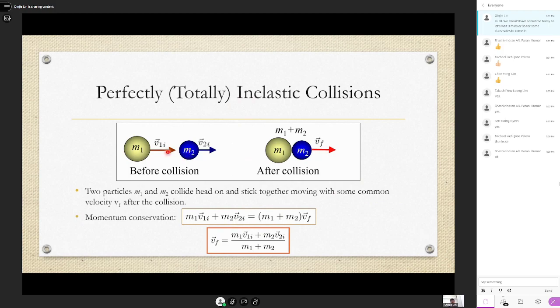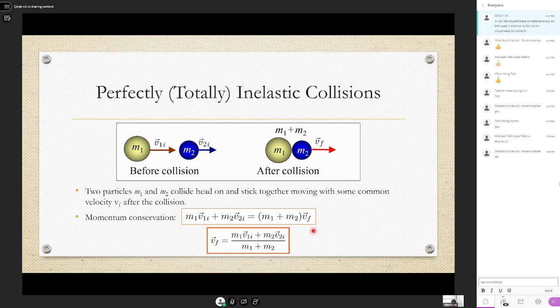After collision, the two particles stick together and move off as one object, like one particle, with the same velocity. If this happens, we call it perfectly inelastic collision, or rather totally inelastic collision. It has different names, but they refer to the same thing.